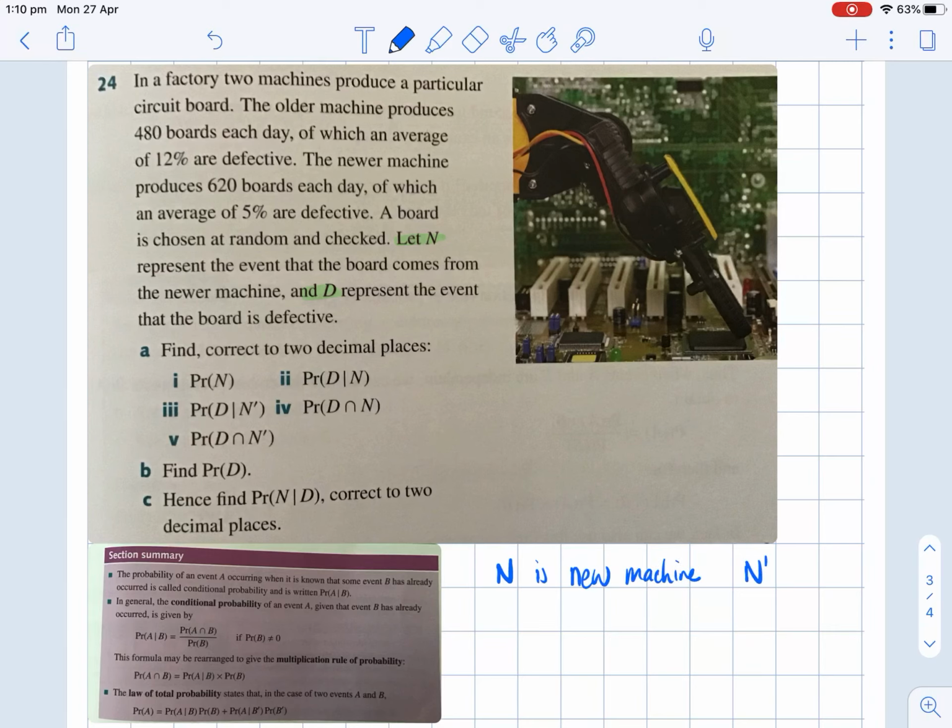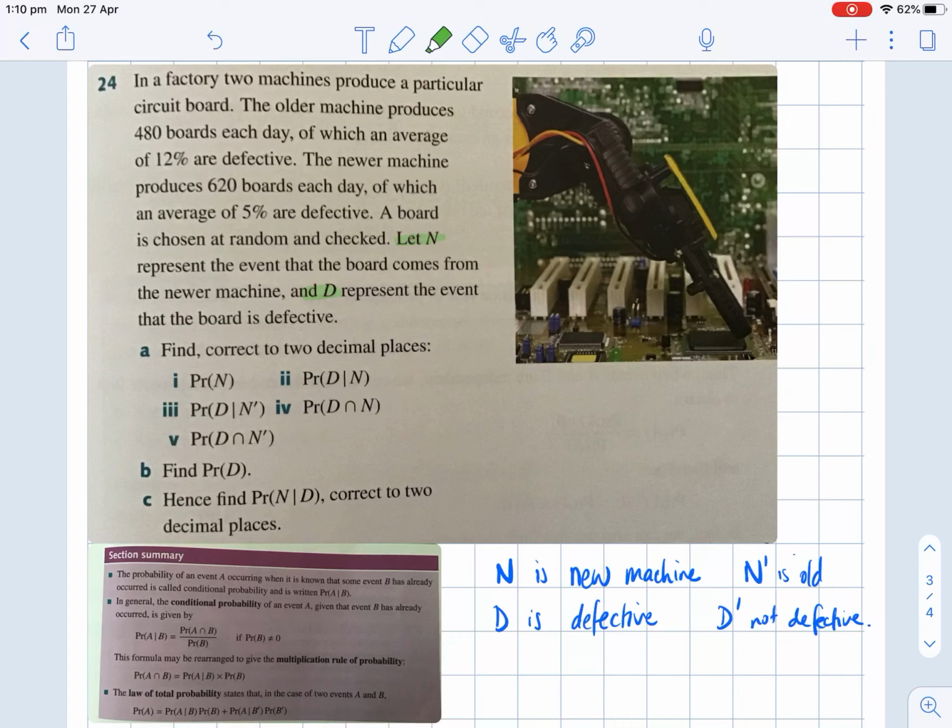So by default N dash is the old machine. D is defective, so D dash is not defective. Alright, nothing too amazing there.